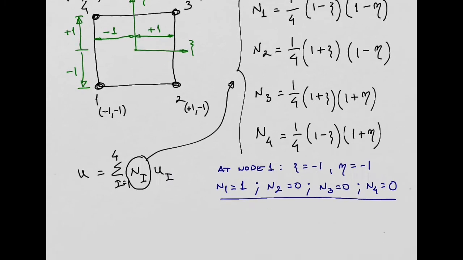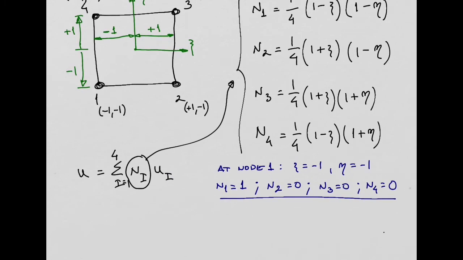If you are at node 3, for example, what is going to happen, and you can do the calculations yourself, so I'm going to speed up a little bit. You get n1 equal to 0, n2 equal to 0, n3 equal to 1, n4 equal to 0.